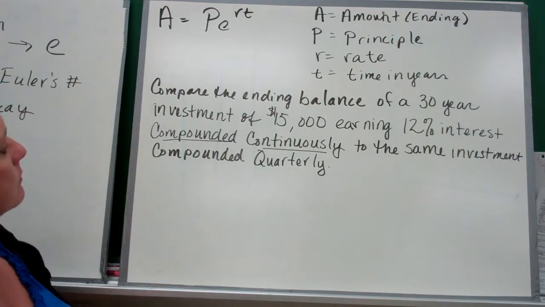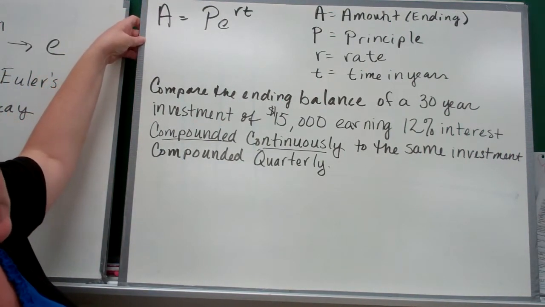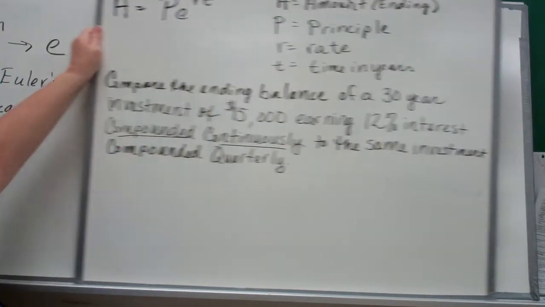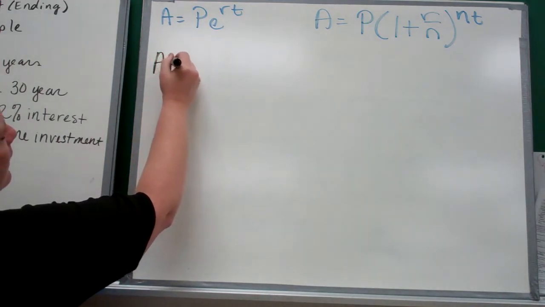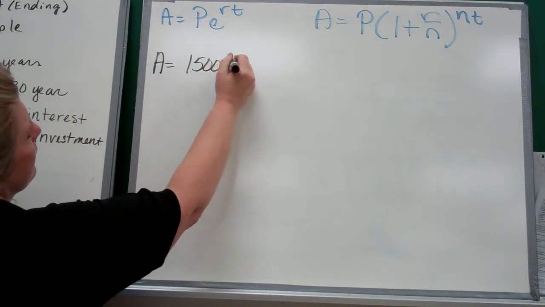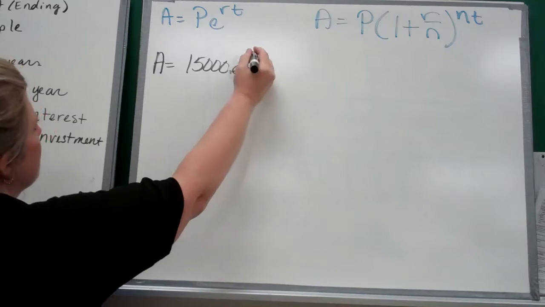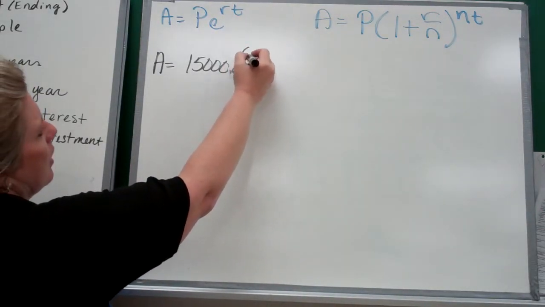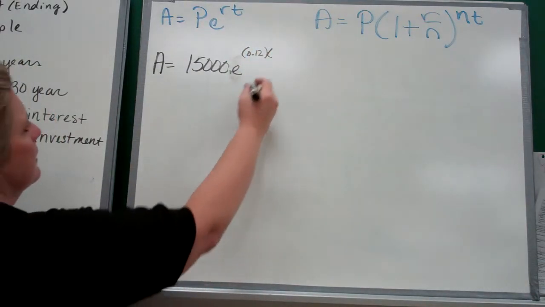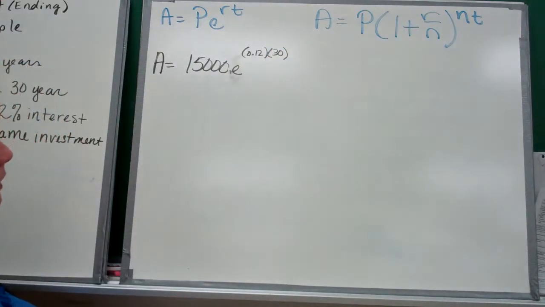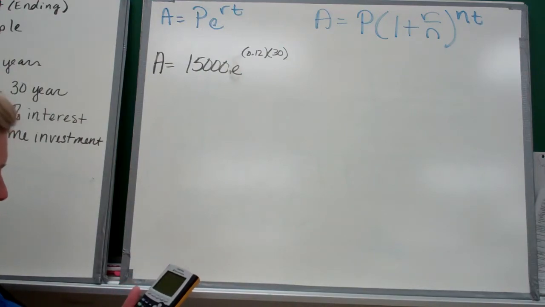So with that, I have my next slide set up. We're going to have two formulas. A equals 15,000 times e to the rt power, where r is your interest rate, always as a decimal, and t is your number of years. It is a 30-year investment. And by the way, the longer you invest money, the longer it sits there, the more money you make on it.